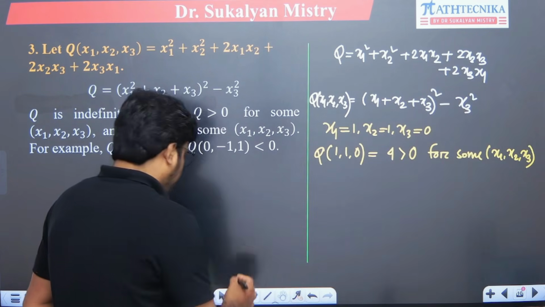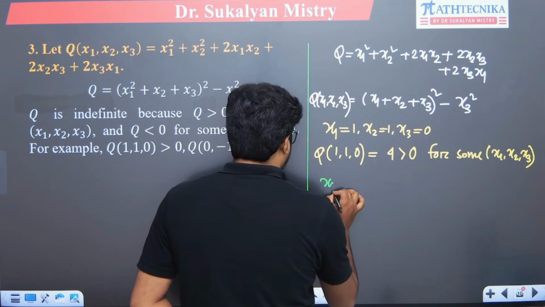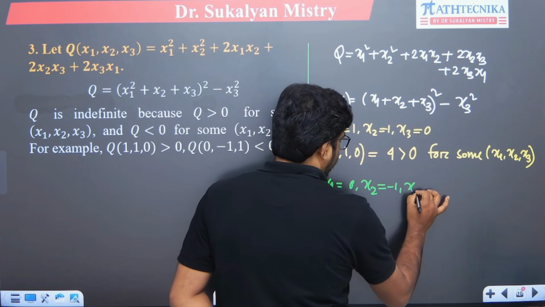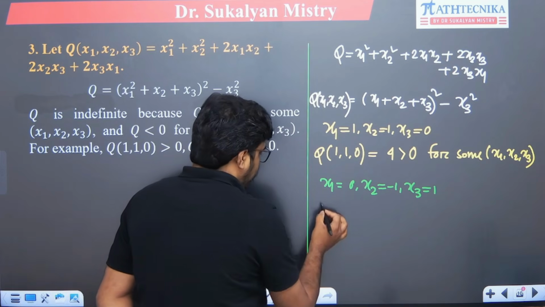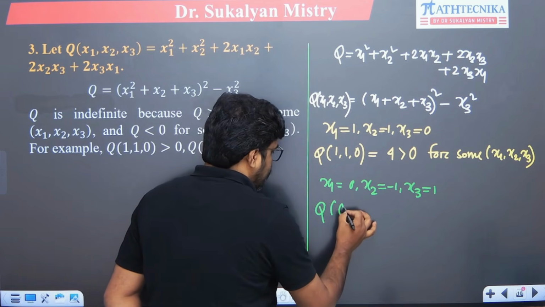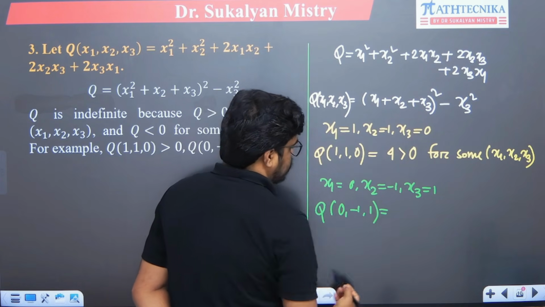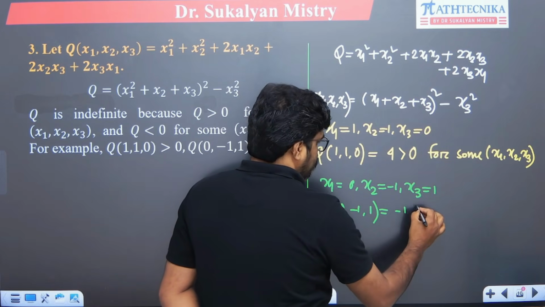And again if we consider the value, suppose x1 is 0, okay, x2 is minus 1 and x3 is 1, okay, so that means in that case q of 0 minus 1 1, so what, x1 x2 plus x3, that is 0, so minus 1, right? So that is negative.